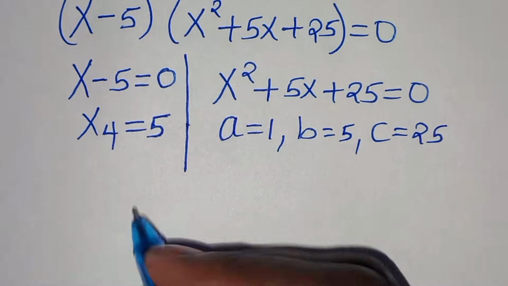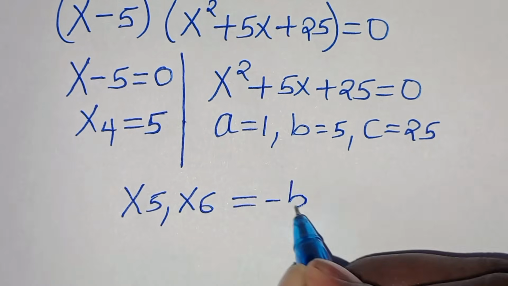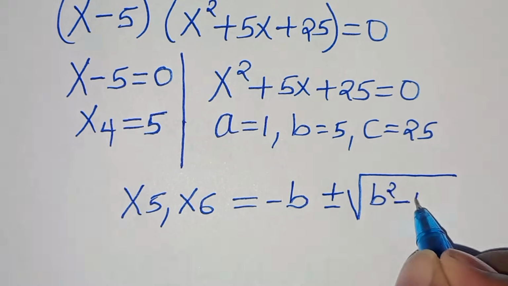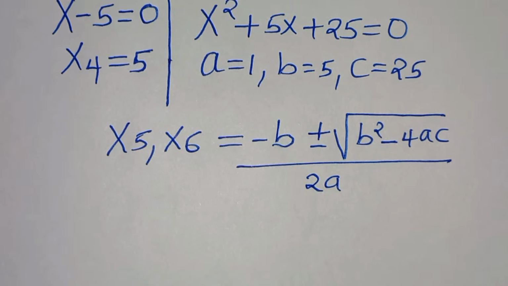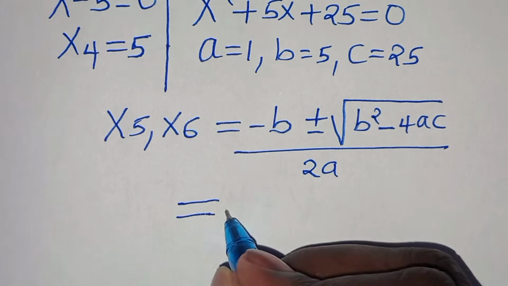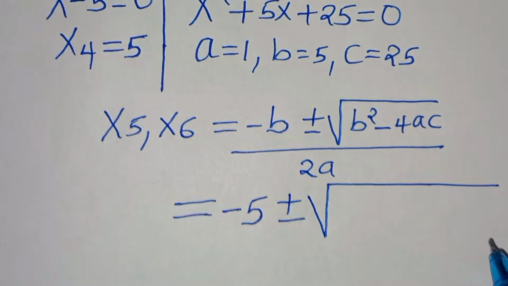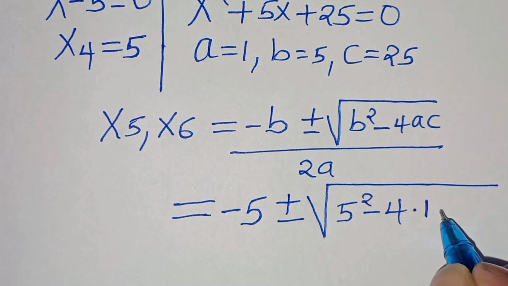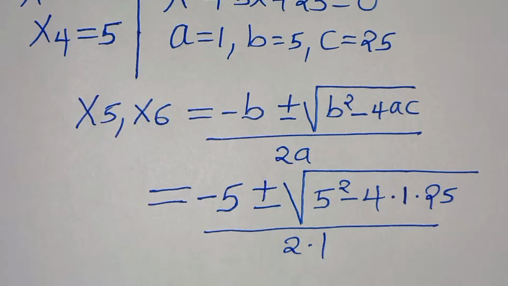Now, we can solve for x5, x6 by applying the quadratic formula, which is minus b plus or minus the square root of b squared minus 4ac, everything divided by 2 times a. Now, let's substitute the values of a, b, and c, so that we have minus 5 plus or minus the square root of 5 squared minus 4 times a, which is 1, times c, which is 25, everything divided by 2 times 1.